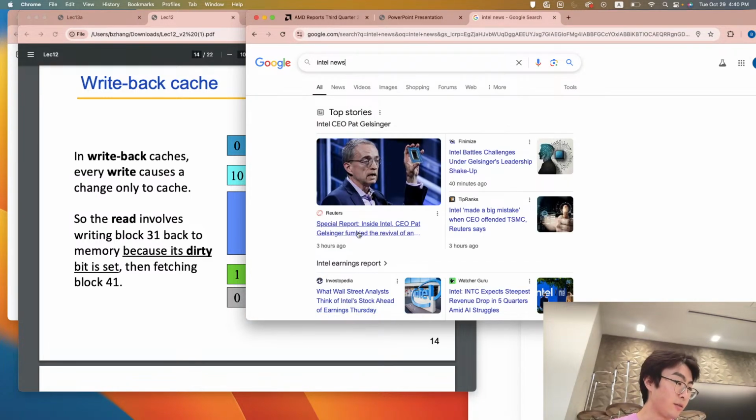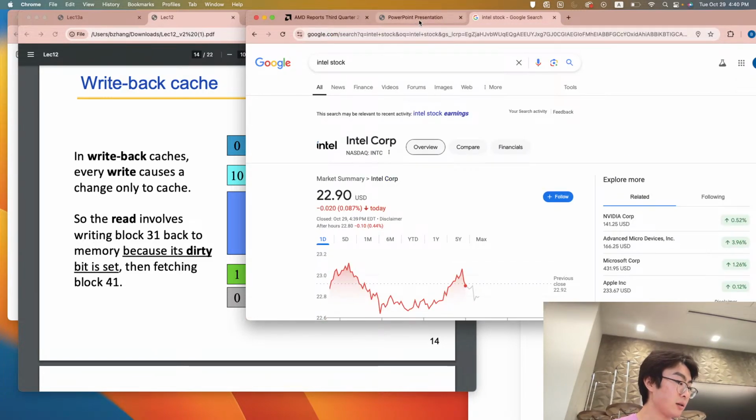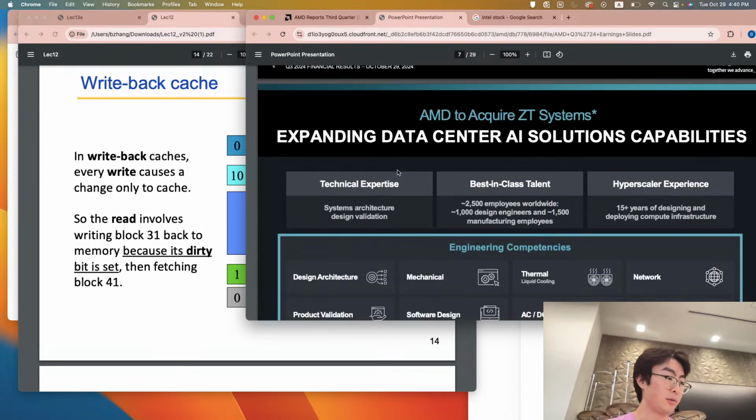This was also a very interesting report. Intel stock. Okay, minus 1% almost.